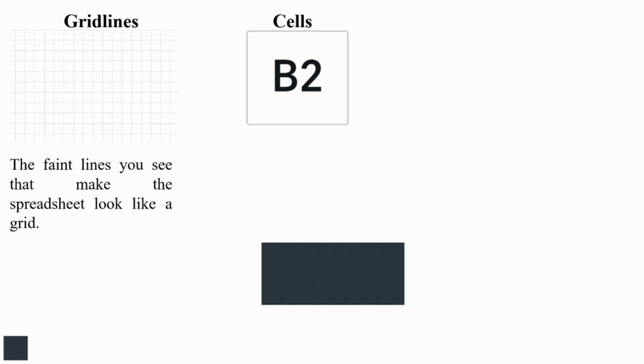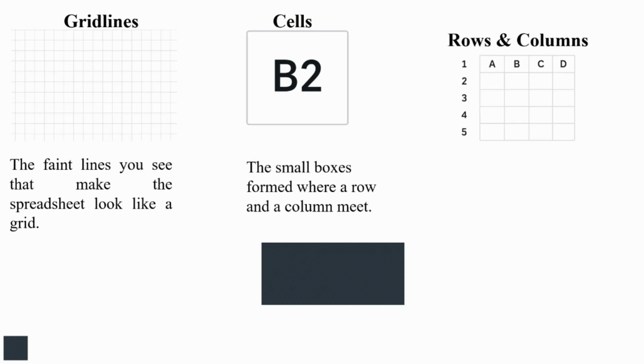So, like this cell B2, it is the intersection of vertical line B with horizontal line 2, which makes the cell B2. The small boxes formed where a row and a column meet are what we refer to as cells.